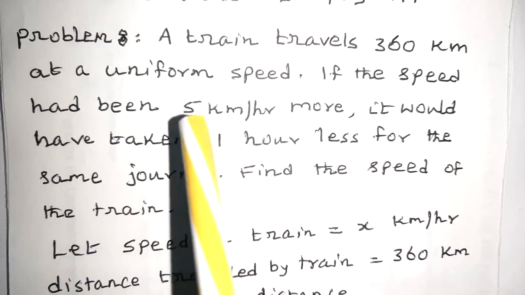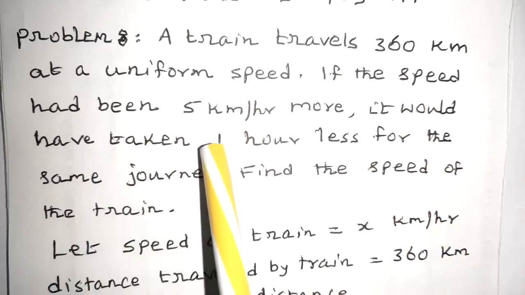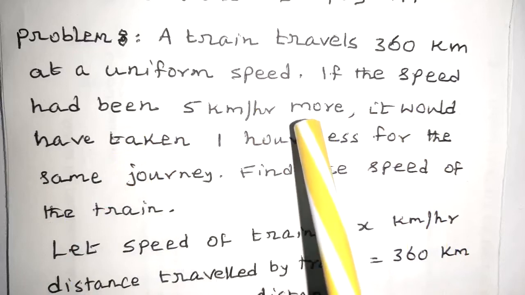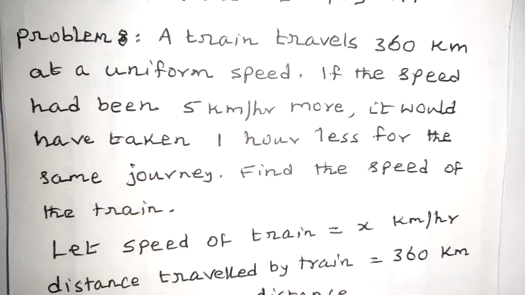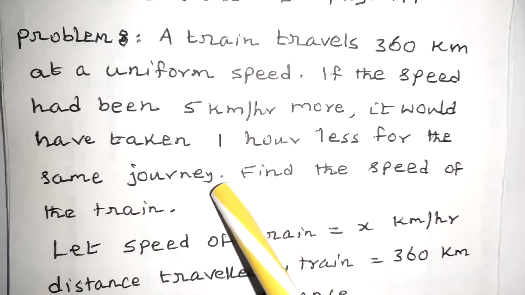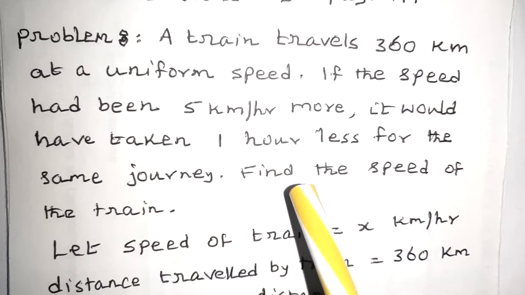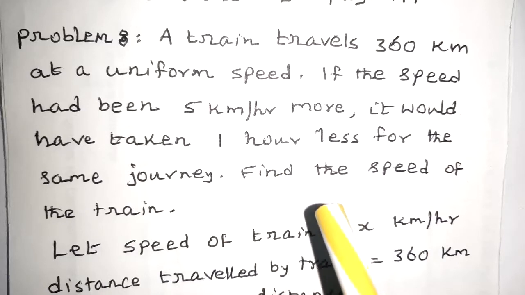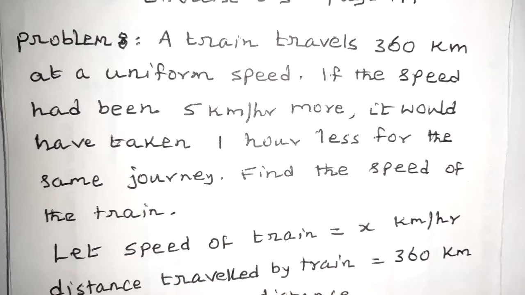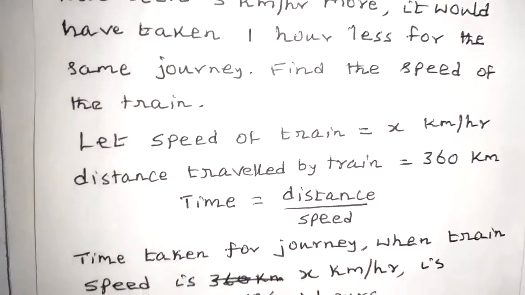The speed of the train is given, first one. Second one, if the speed had been 5 kilometers more, that means if the speed is increased by 5 kilometers, then the journey period becomes 1 hour less. Now we have to find the speed of the train.